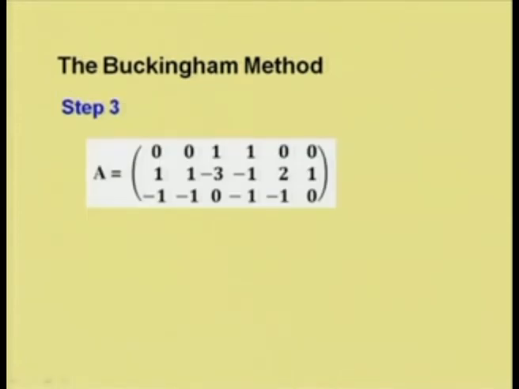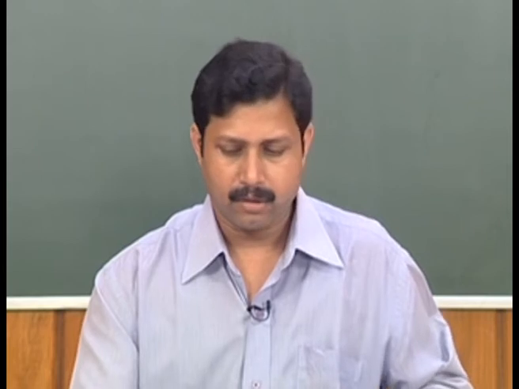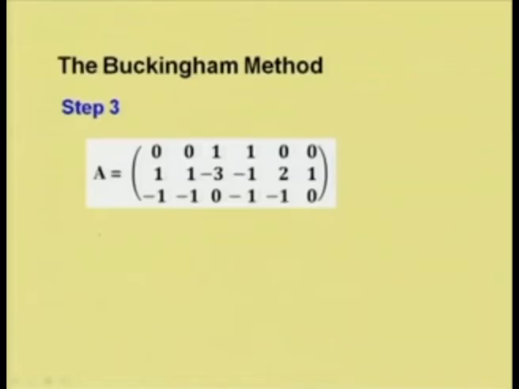The rank of this matrix we can find out using MATLAB or some other program. For this case, R is equal to rank of A, which is 3. So, we can obtain Id, the number of dimensionless groups for a particular system.